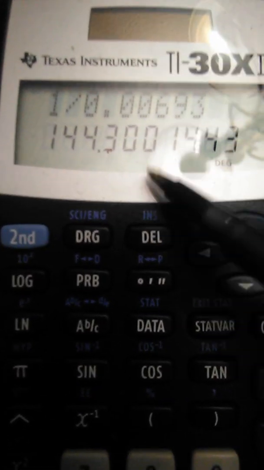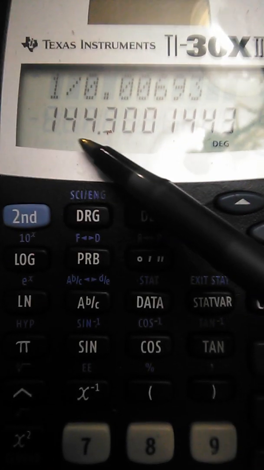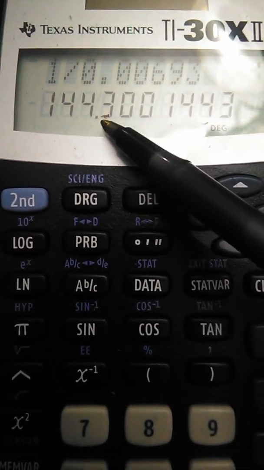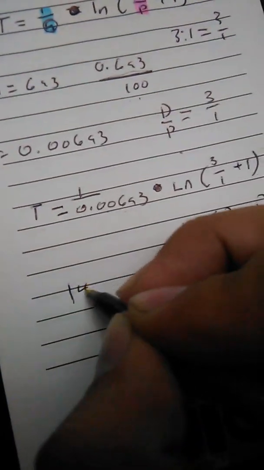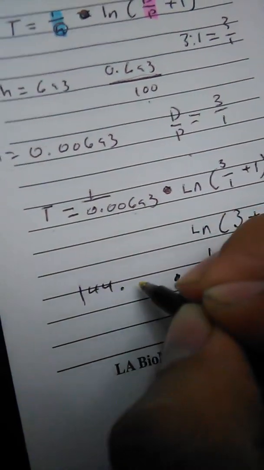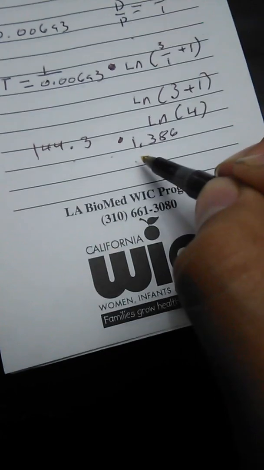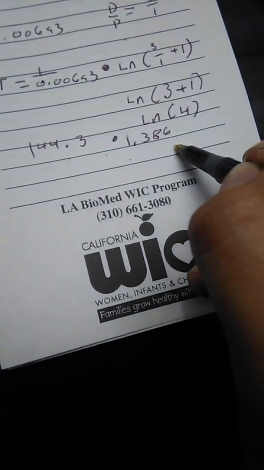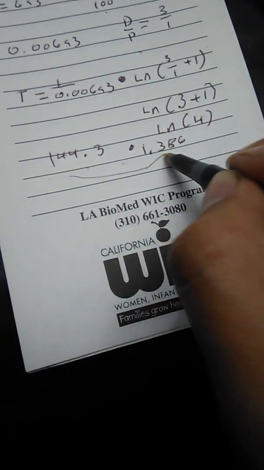That's the number. And remember I said just put the first 4 numbers that you see. So the first 4 is 144.3. So over here, you're going to write 144.3. So now you have 144.3 times 1.386. So just multiply these two.